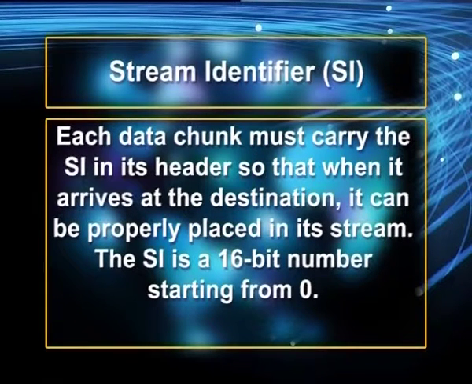Each data chunk must carry the SI in its header so that when it arrives at the destination, it can be properly placed in its stream. The SI is a 16-bit number starting from 0. To distinguish between different streams, SCTP uses an SI.